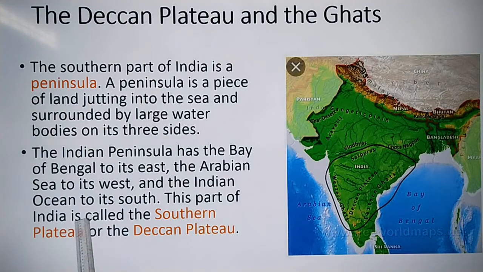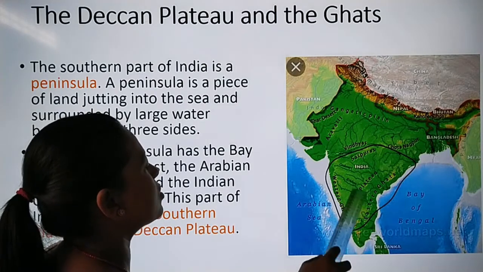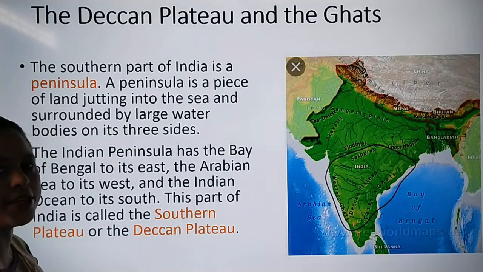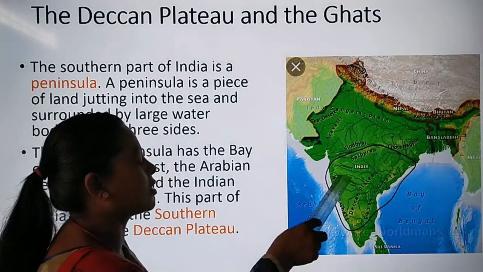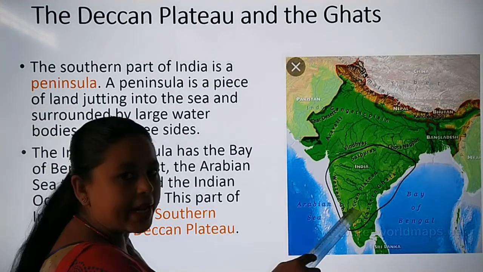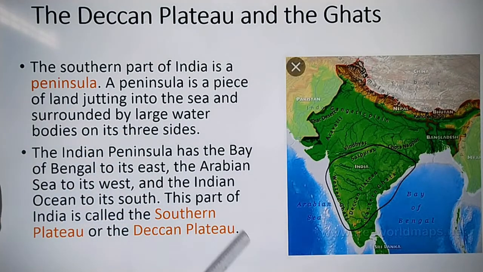This part of India is called the Southern Plateau or the Deccan Plateau. That means the southern part of our country is plateau. So this is called Deccan Plateau or Southern Plateau.